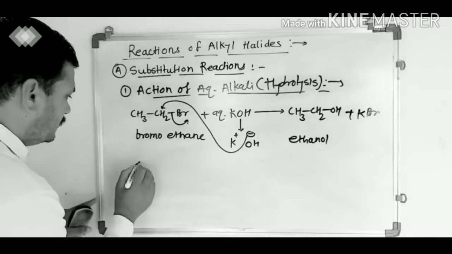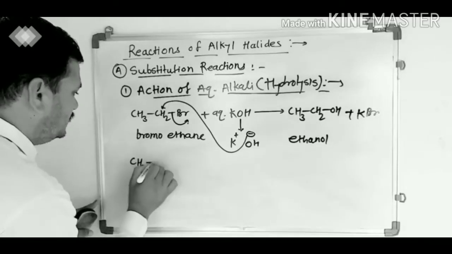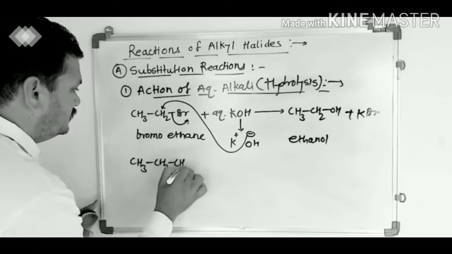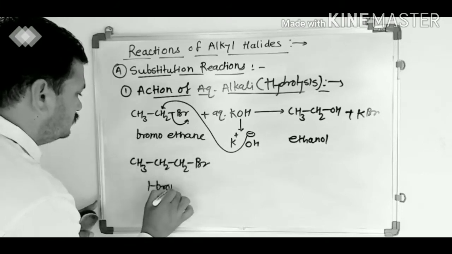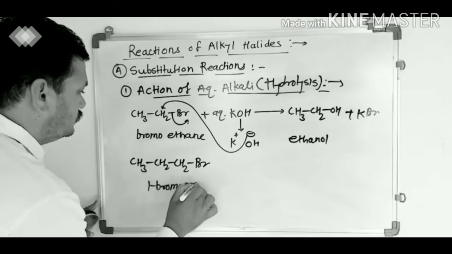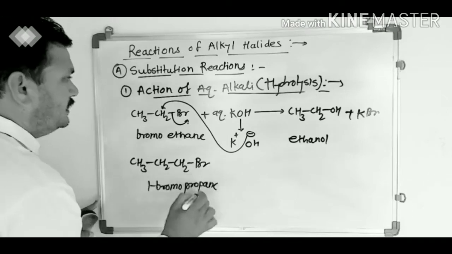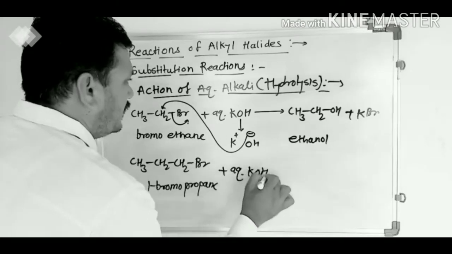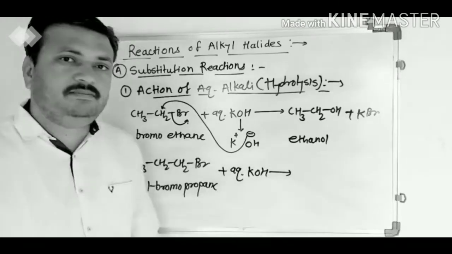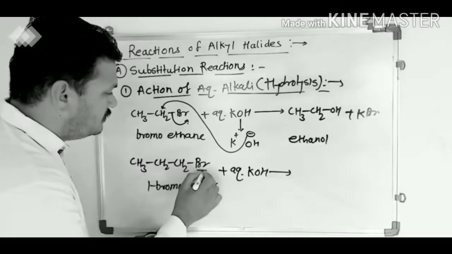Again, second example, CH3CH2CH2Br, 1-bromopropane, is treated with aqueous KOH. Same reaction will take place here. This bromine is a leaving group.